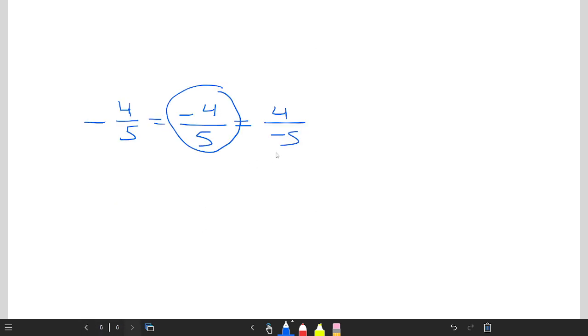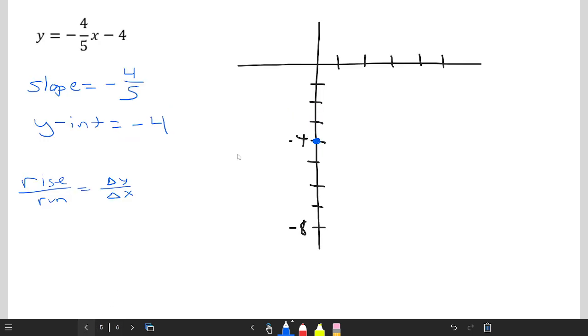Not that you couldn't go left and up, but for my brain anyway, it's easier to keep track of if I always think about what's happening left to right. So I'm going down 4 from this point that we already plotted, 1, 2, 3, 4, and then to the right 5. So we'll have the point (5, -8) there.